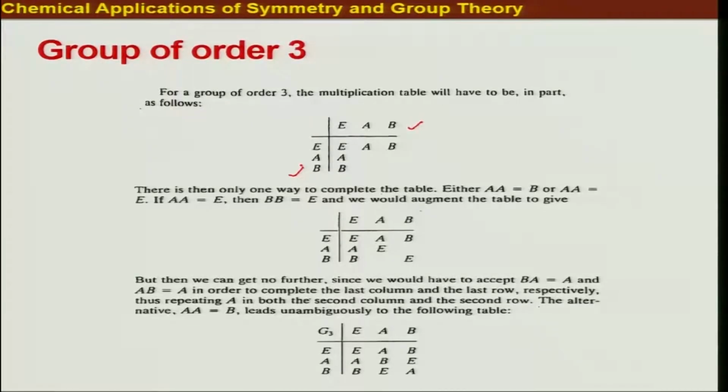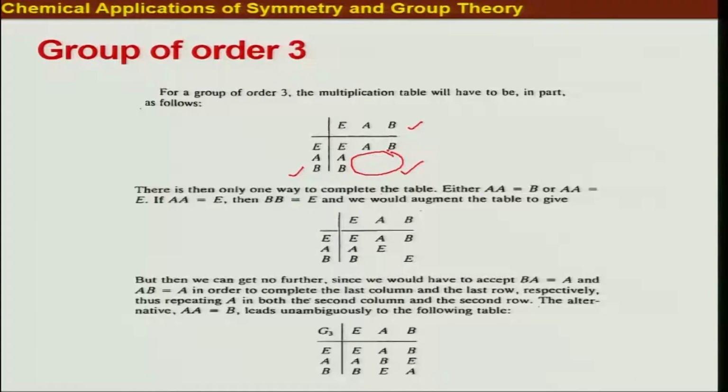E combines with all the elements and gives you back the same element. So, the first row and the first column are very easily figured out. That is very trivial and one can write it out. Then we are left with this region, which will contain 4 different products. So, how to go about them?